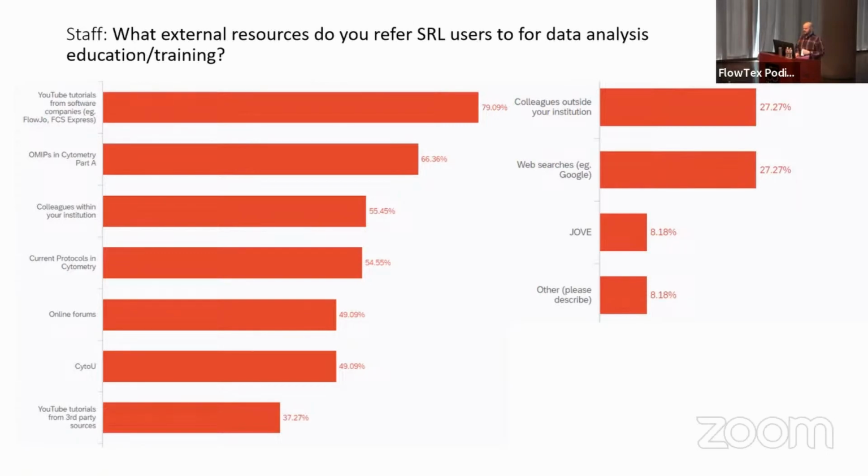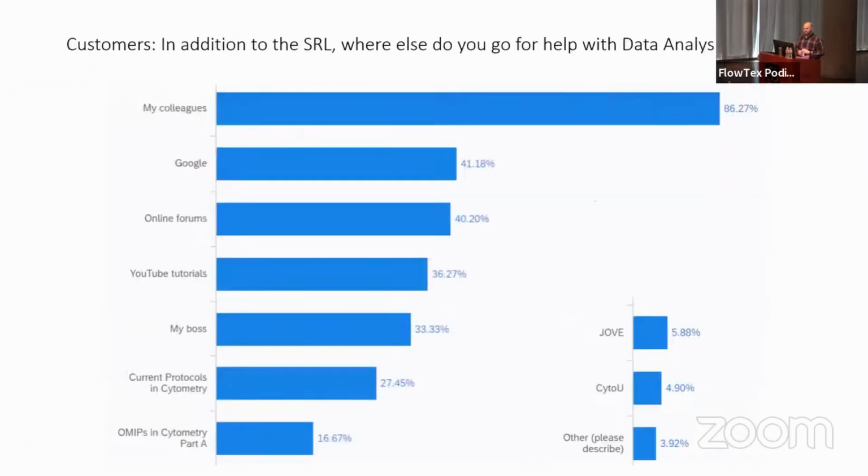And then all these other sources of information are used. Where do customers feel they actually go outside of the SRL? They go to their colleagues, right? That's just the number one place they go by far. So we want to make sure everybody, their colleagues, everybody is well trained in this. I think SRLs are really at a central point to do this.